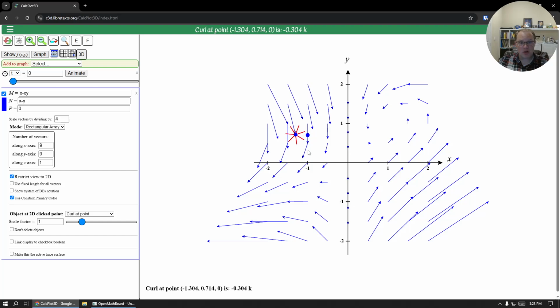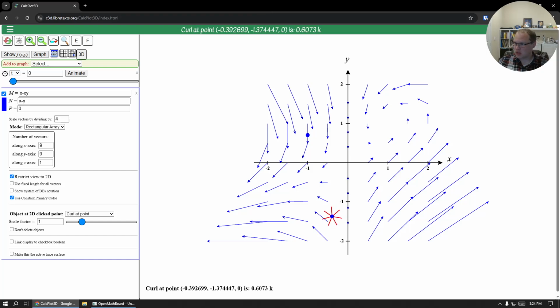The net force on this little propeller, the net curl, is greater on the right side than on the left side. It's pushing it more on the right side than it is on the left side, causing a clockwise rotation. Okay. So that's a two-dimensional example.